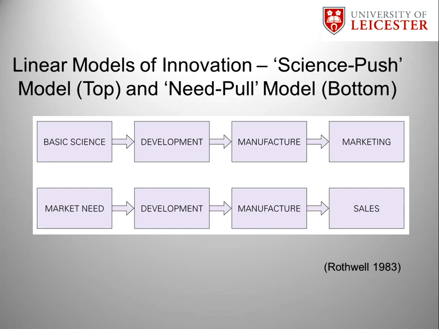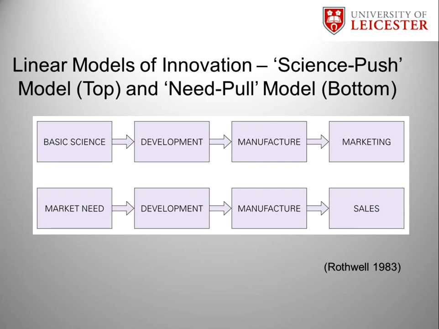So this is the science or technology push model. And this is the idea that basic science or technology leads to the development and ultimately to the manufacture of products and to their marketing. Now this is called a linear model because it's a series of steps from the creation of new science or technology to new products, their manufacture and marketing.